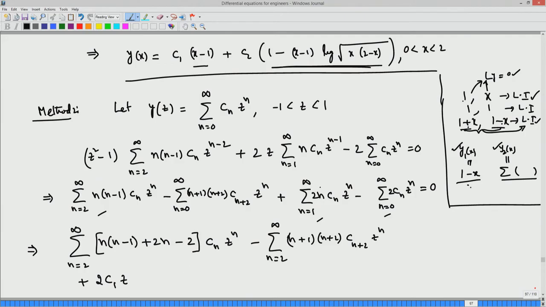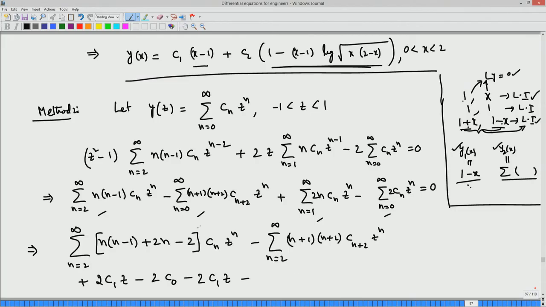Okay. So, now this term has everything. So, here minus 2, n equal to 0 gives 2 C 0 z power 0, minus 2 C 1 z. And here n equal to 0: in this power series, I wrote only 2 to infinity.